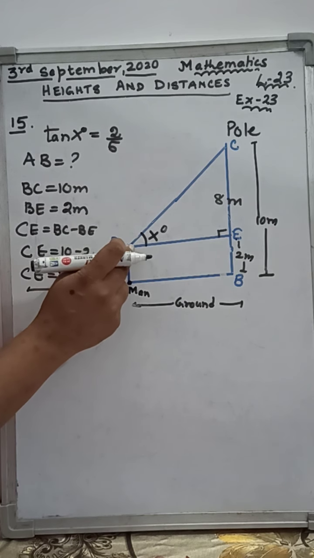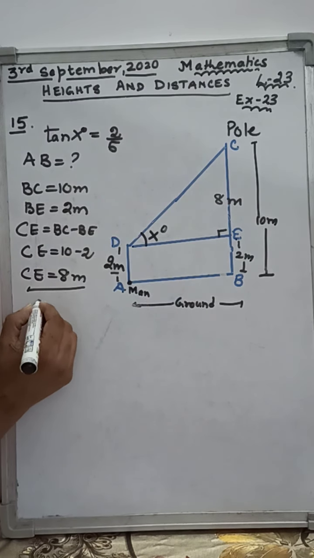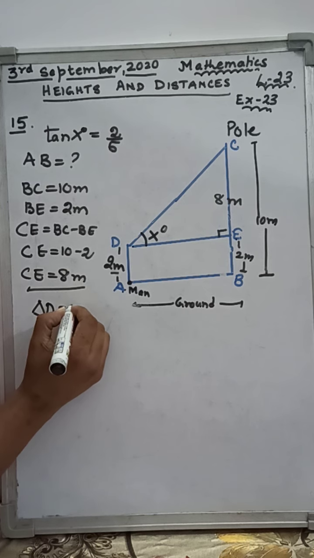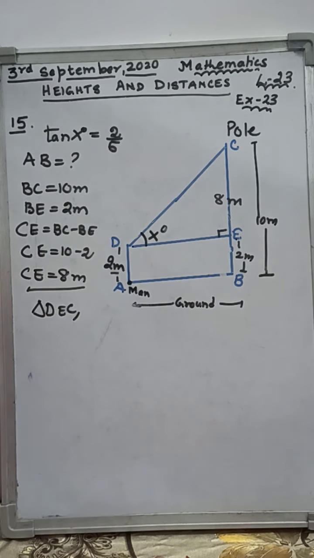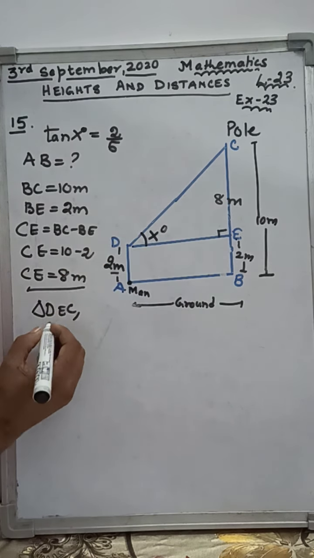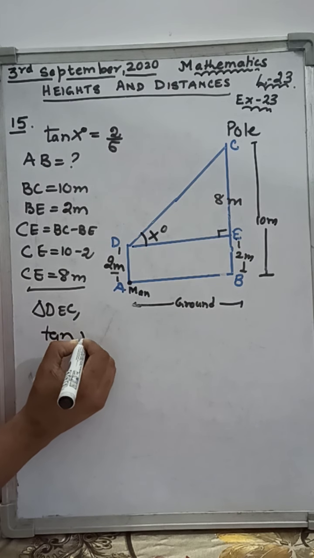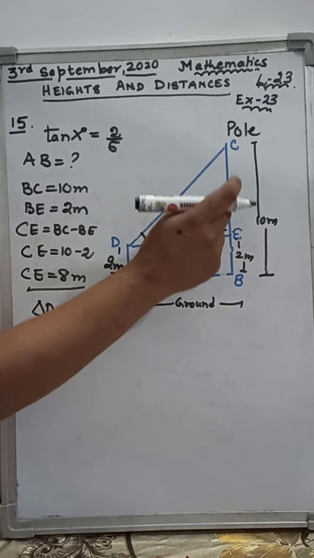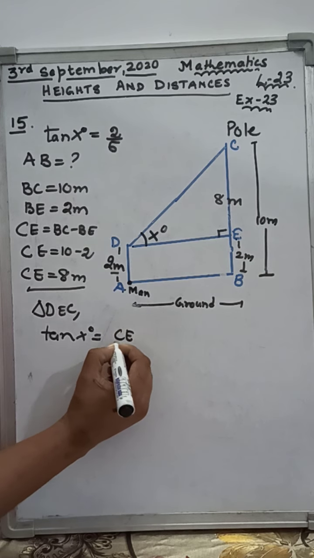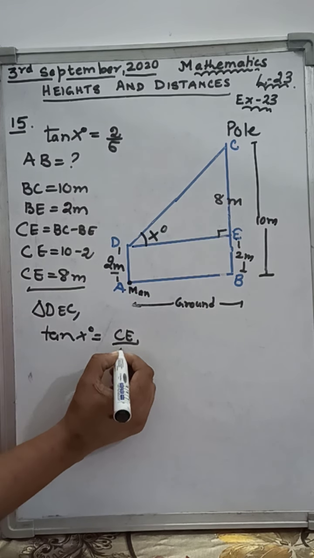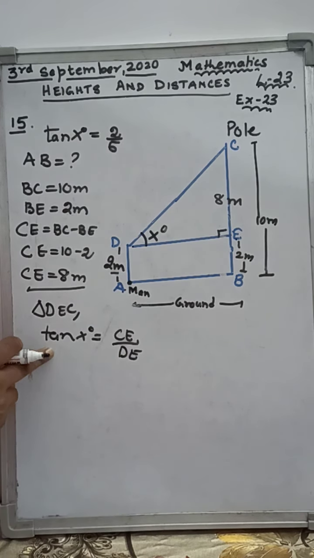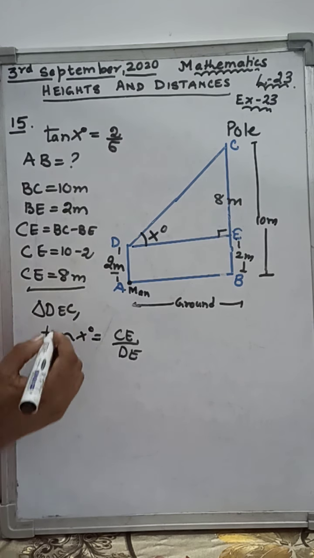So you will take the triangle DEC. Triangle DEC is right angle at point E. So tan x degree will be equal to perpendicular CE and the base is DE. Tan x degree value is given to us, that is 2/5.